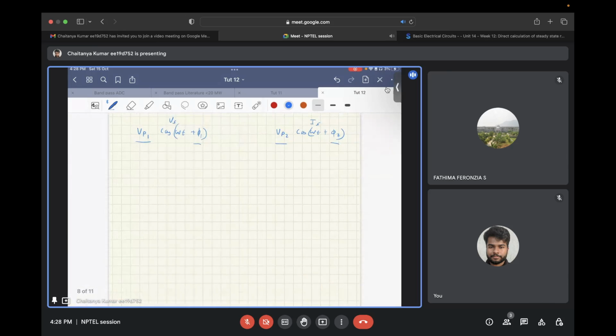Again, the magnitude response of H(j omega) is 1 upon root under 1 minus omega square LC whole square plus omega square R squared C squared, and the phase response is minus tan inverse omega RC divided by 1 minus omega squared LC.